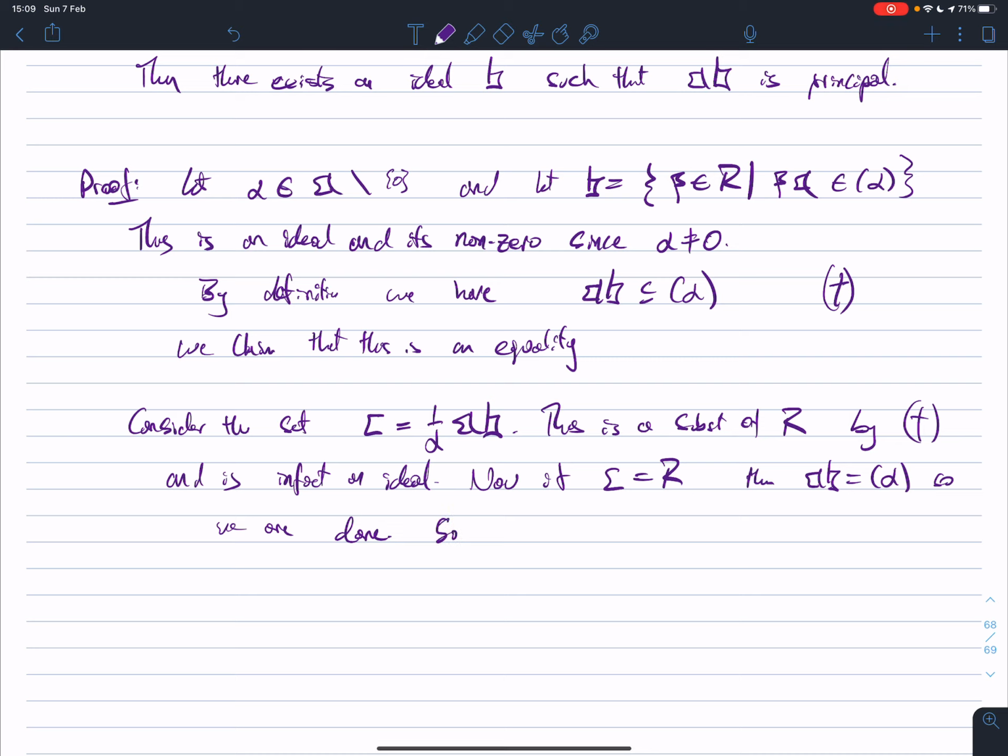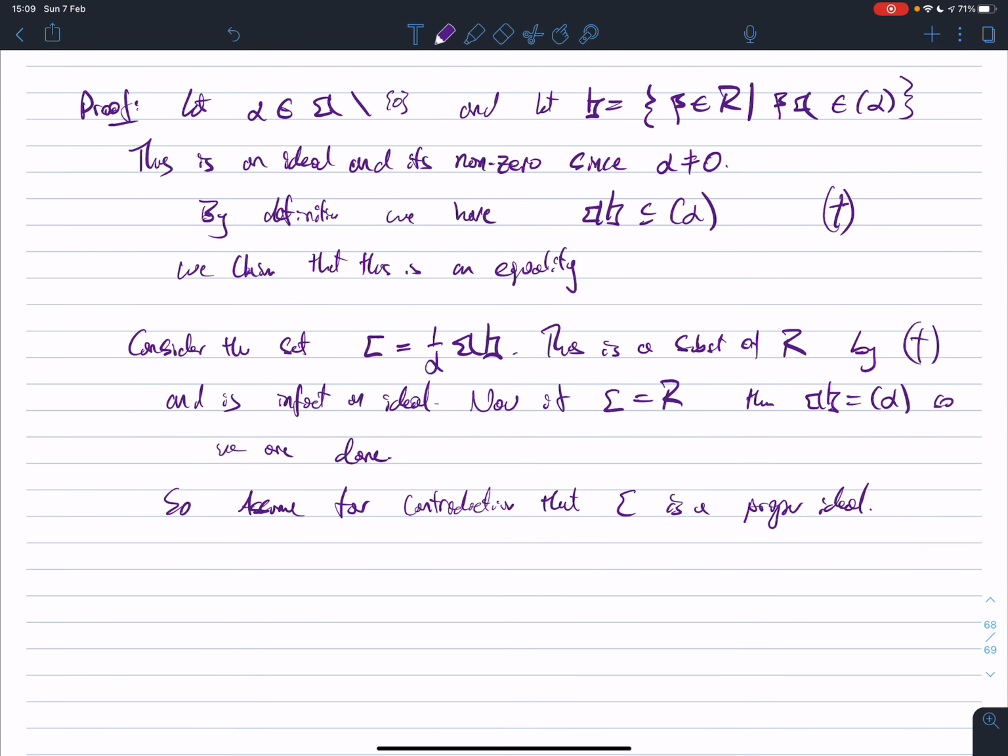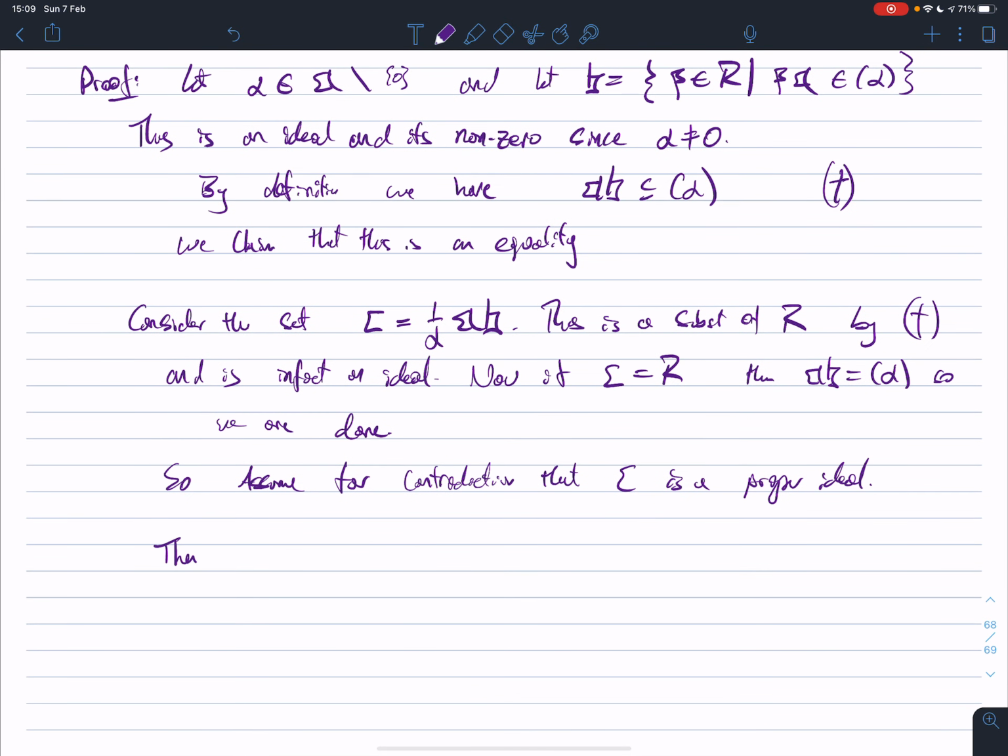So assume, for contradiction, that C is a proper ideal, or it's just not the whole thing. Then we can use the previous lemma. By lemma 3.3.4, we can find some x in K, not R. Did I say what K was?